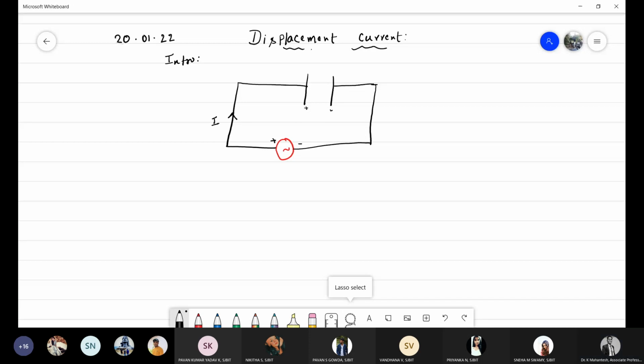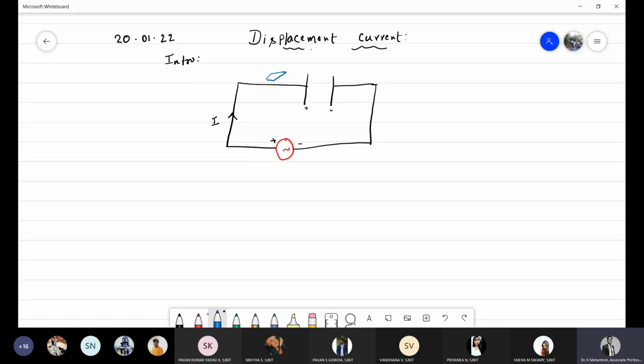Right. So now if you think about the magnetic field, whenever a current is flowing in the circuit, a magnetic field is generated around the conductor. So I'll just place magnetic needles here.